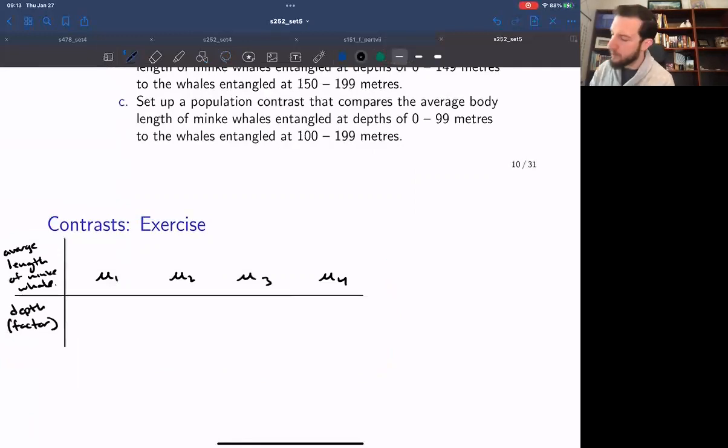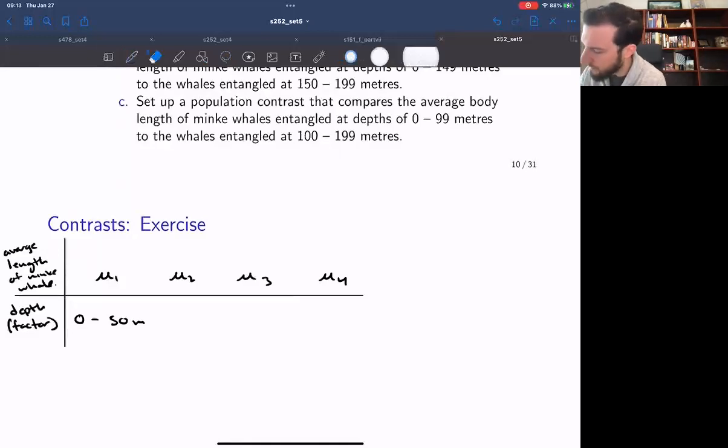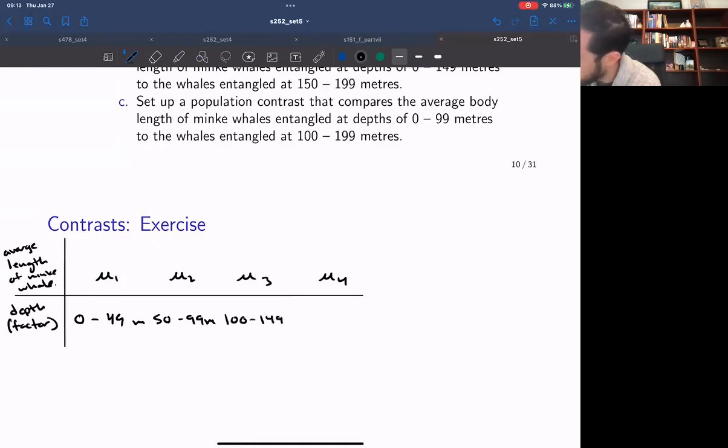Okay, so we had 4 different depths, which were 0 to 49 meters, 50 to 99 meters, 100 to 149 meters, and 150 to 199 meters.